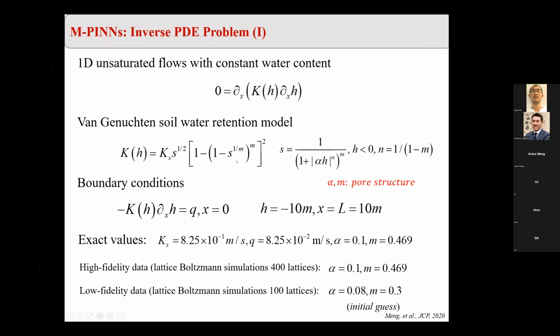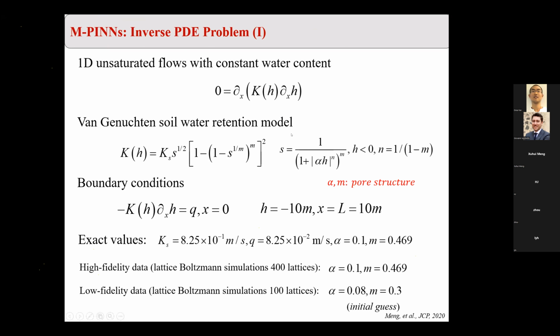This is a commonly used model for the permeability field. In this model, we have two parameters, alpha and M, which are related to the pore structures. For different soils, we have different values, which are very difficult to measure directly.